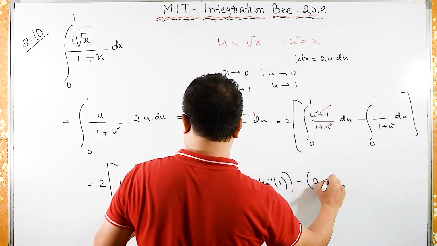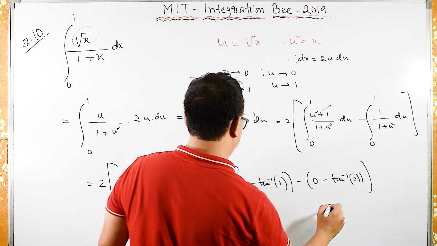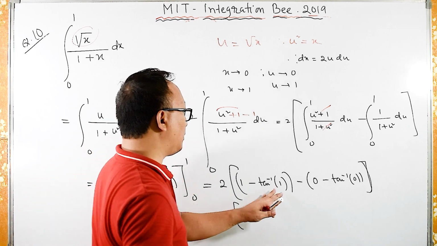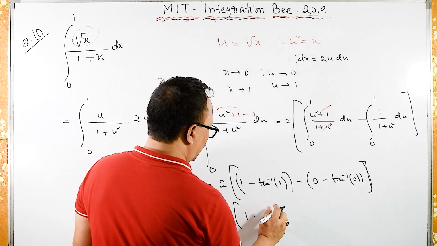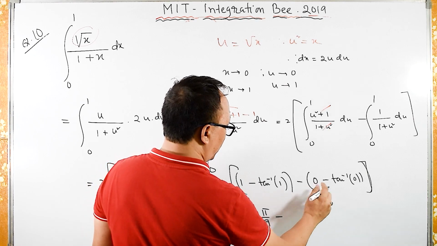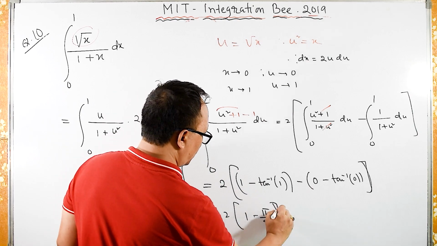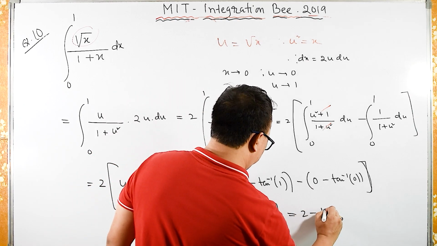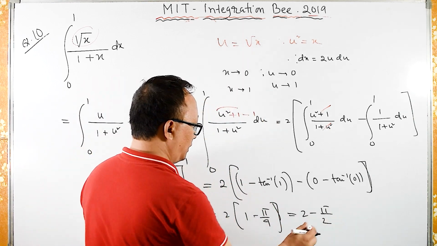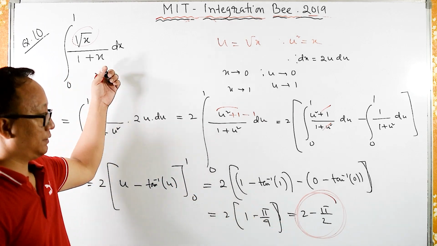Here 0 minus tan inverse 0, equals 2 times 1 minus tan inverse 1, which is 45 degrees, the same as pi by 4, minus tan inverse 0, which is 0. So this is the same as 2 minus pi by 4, so pi by 2 will come. So this is the required answer for this.